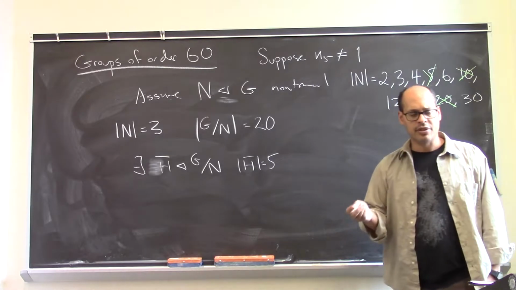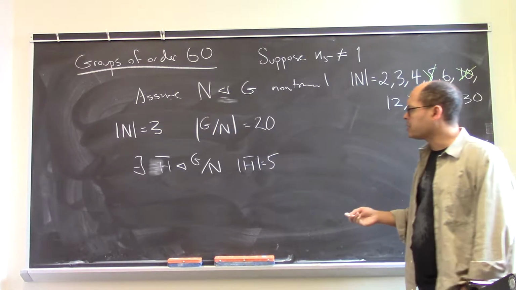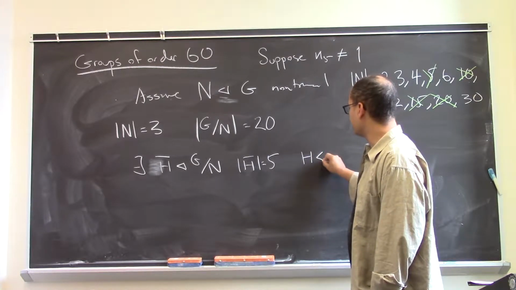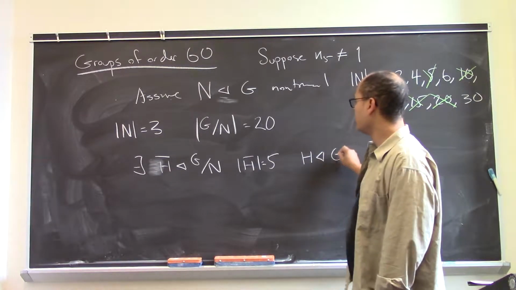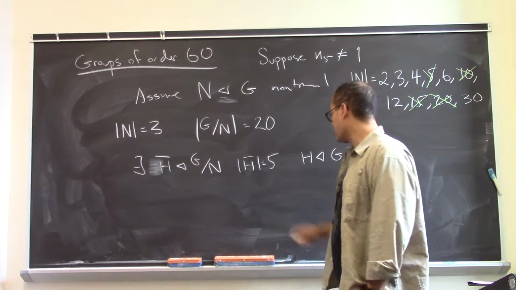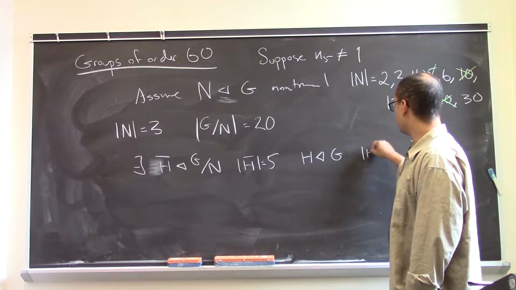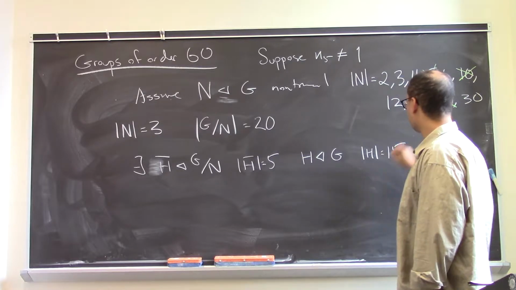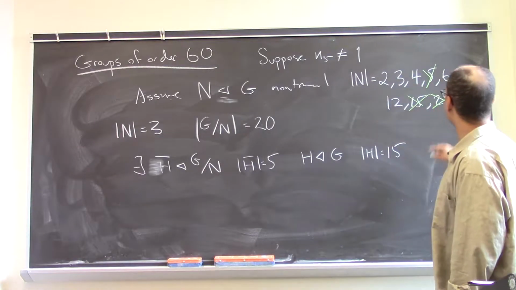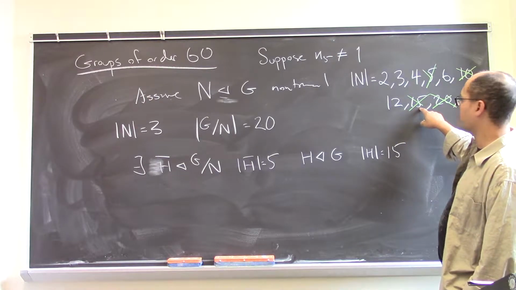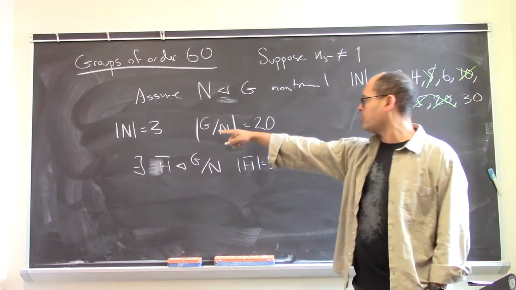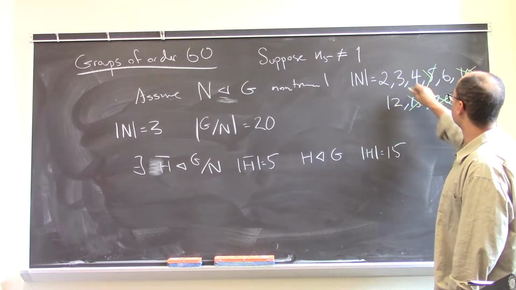That's a 5 Sylow subgroup. But now by the correspondence theorem, that gives us a normal subgroup of G whose order is this times what you're modding out by, which is 3. So the order of H is 15. But we just eliminated that as a possibility. We know that we can't have a normal subgroup of order 15. So this 3 would have given us a 15, and so the 3 can't happen.